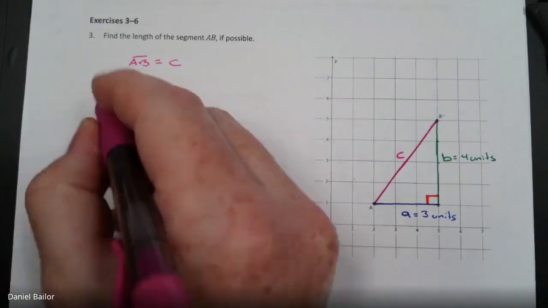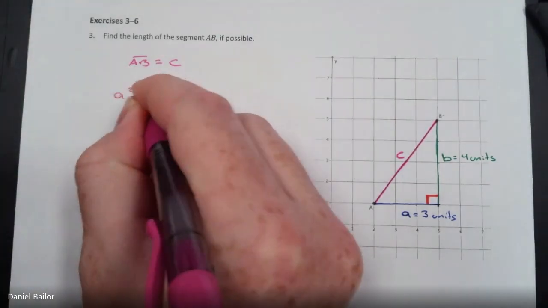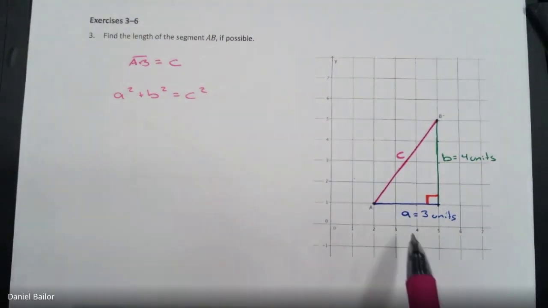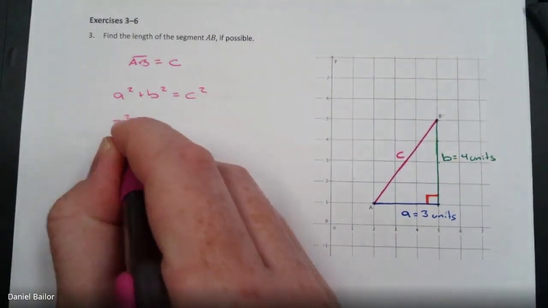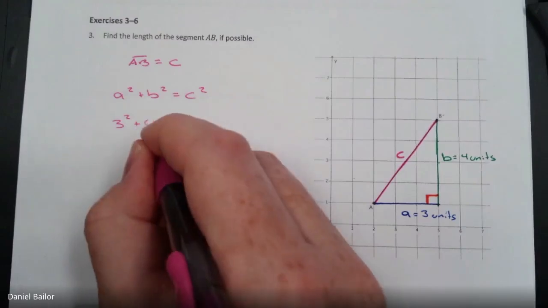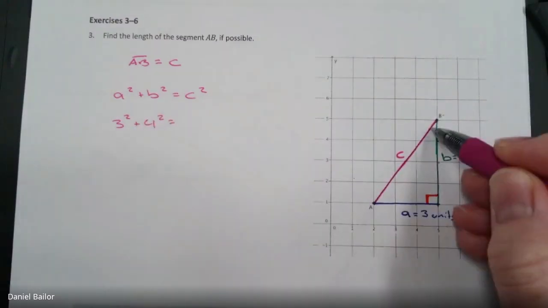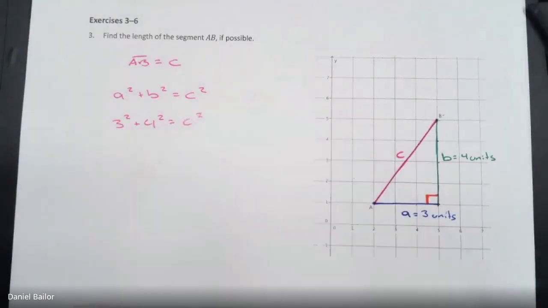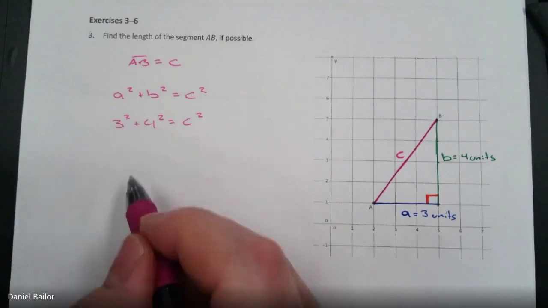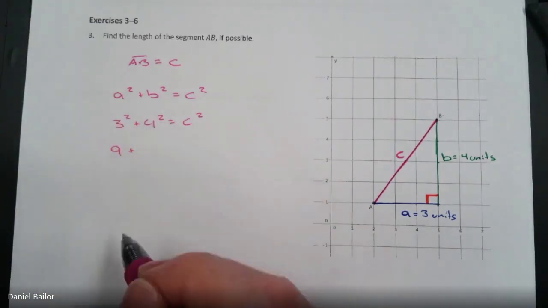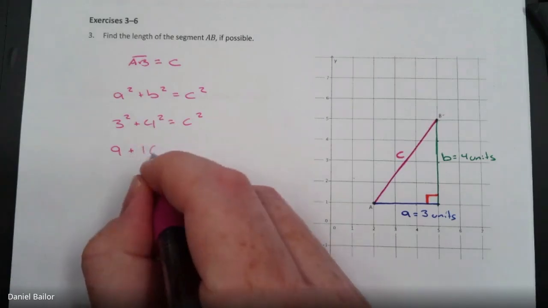So let's do A squared plus B squared equals C squared. A is 3 units, B is 4 units, and C, what I want to find, segment AB, we don't know yet, so just leave it C. 3 squared means 3 times 3, which is 9. 4 squared is 4 times 4, which is 16.